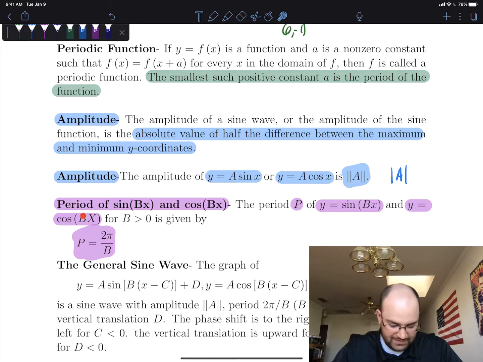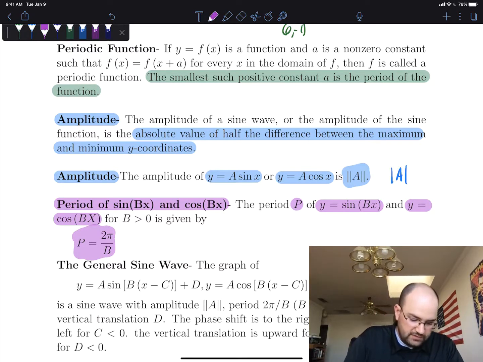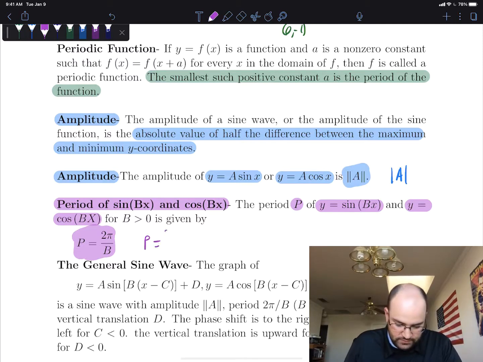If b is negative, there are some things we can do with a negative, but you can just think of it as an absolute value. The period is 2 pi over b, and that's, of course, in radians. If you needed it in degrees, the period would be 360 degrees over b.